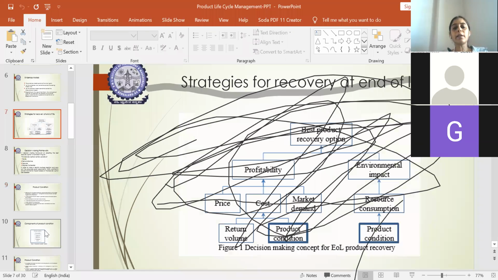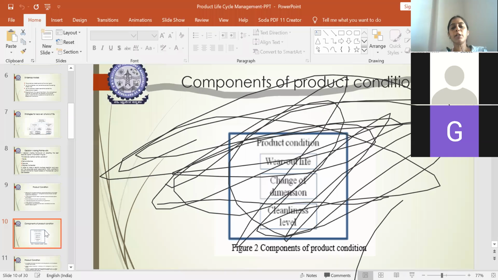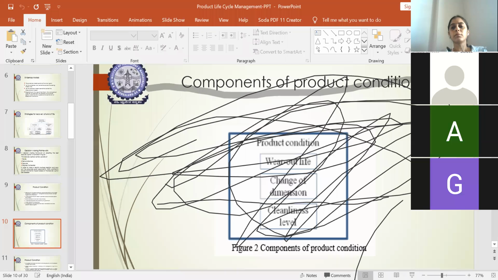Please clear the screen right away. What the hell are you people doing here? Clear the screen. For what purpose are you here in the Zoom class?